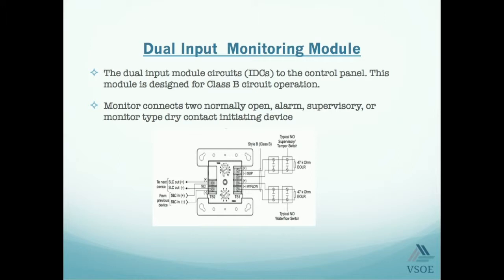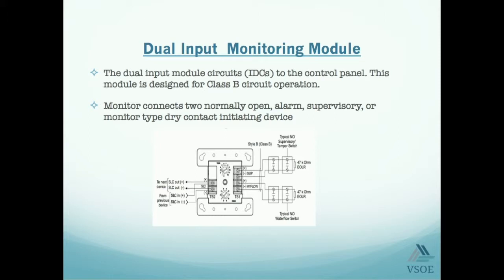The dual input module, this module is designed for class B circuit operation. The dual input module monitor connects two normal open alarm supervisory or monitoring type dry contact initiating device.